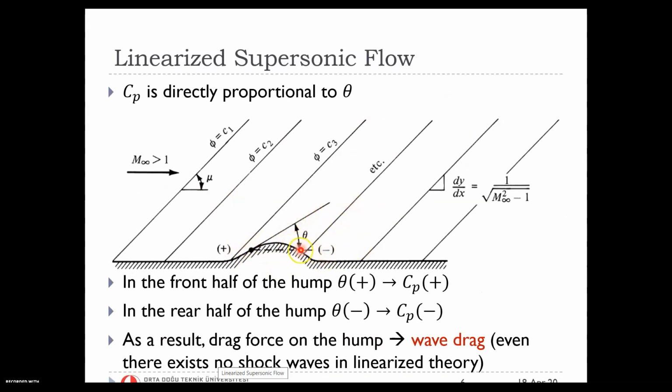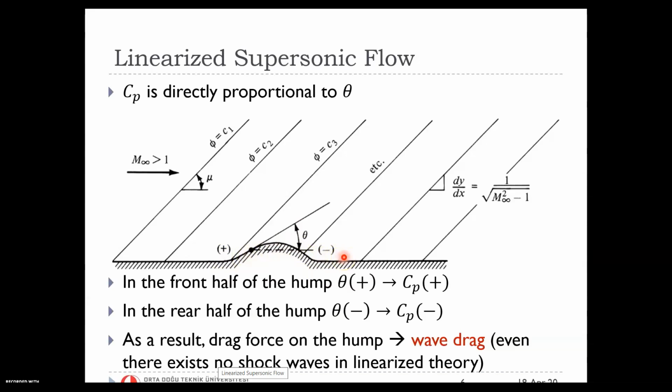When it's below the horizontal, it's negative, which means that in front of the hump your flow deviation is positive, and on the rearward part of the hump it's negative. So if theta is positive, you have positive Cp here. For the rearward part, you have negative Cp, and as a result, you end up with some finite drag on the hump, and this is known as the wave drag.